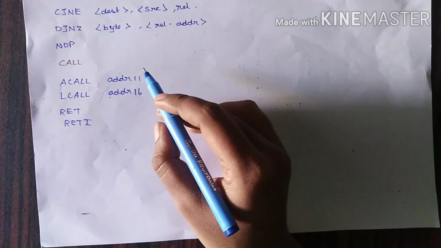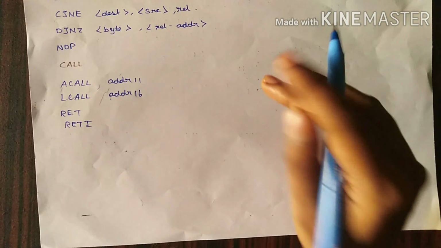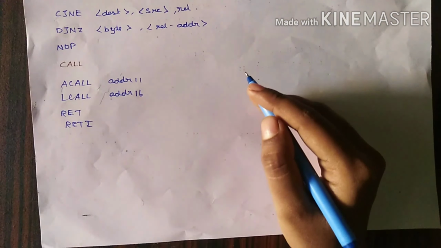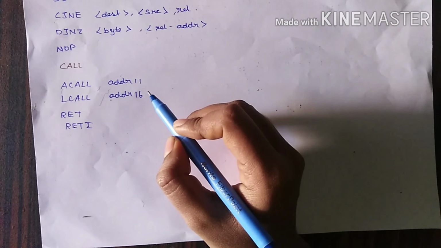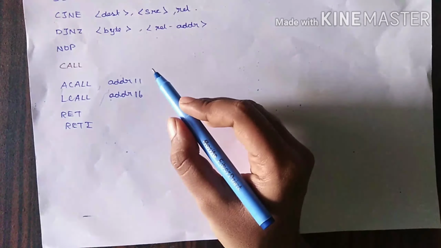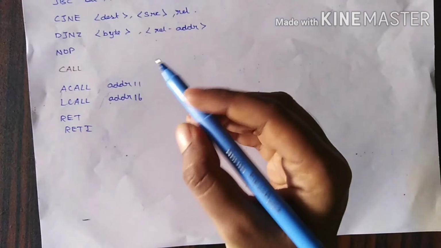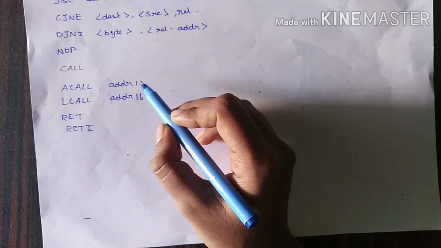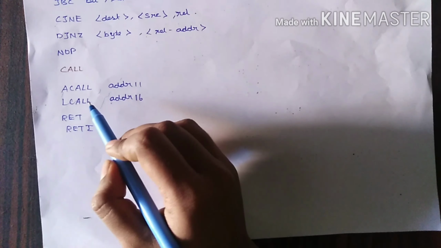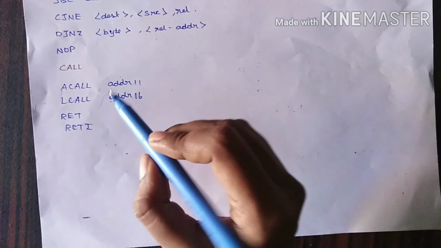And we have call instructions. We'll have subroutine programs in some operations. We'll call the subroutine program, execute it, and after that we'll get out of that program back to our original program. Now this absolute call will make the subroutine program in absolute range.